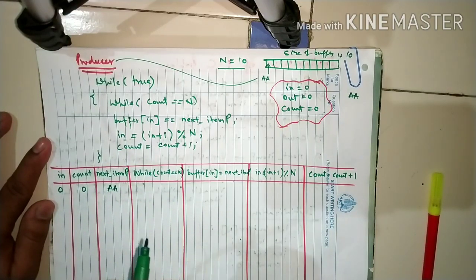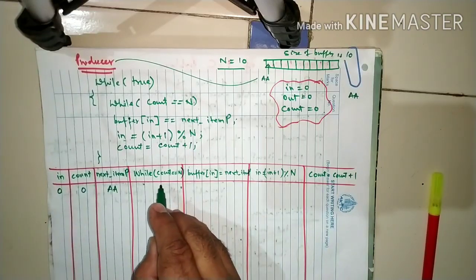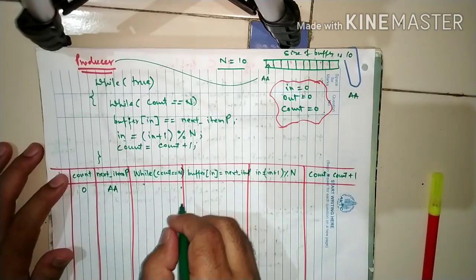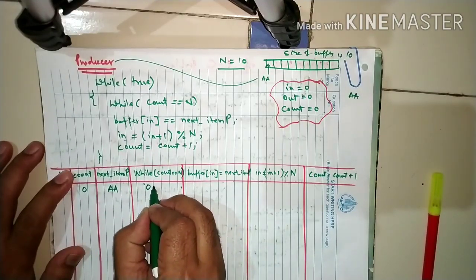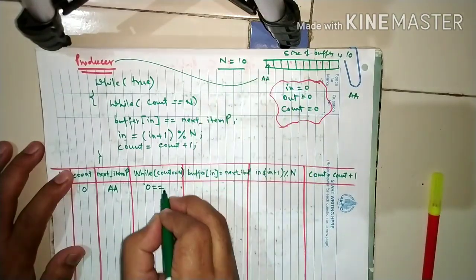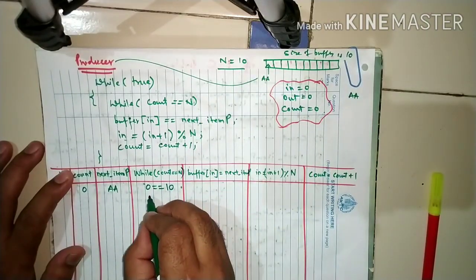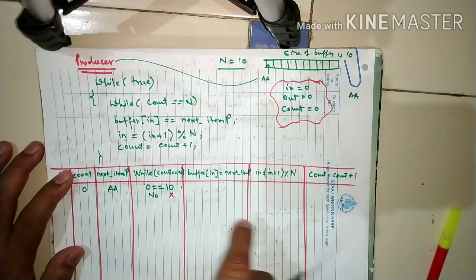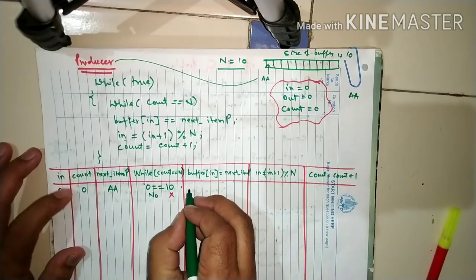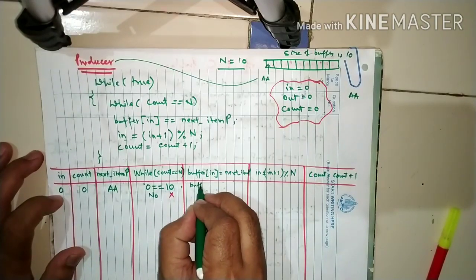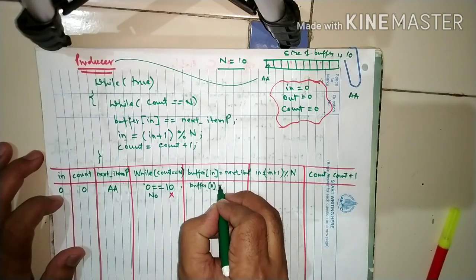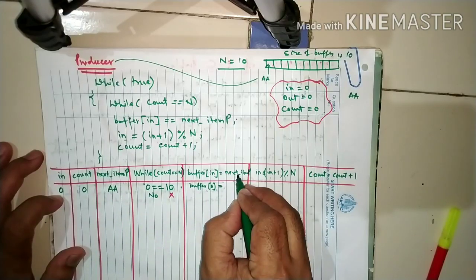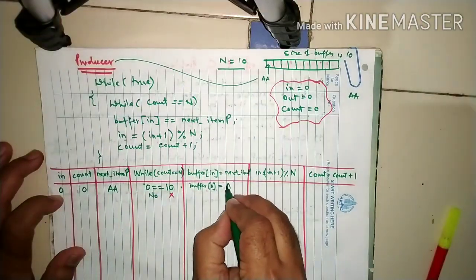Now we'll check the condition. We have count 0, and the size n is 10. So count equal to n, 0 equal to 10, the condition is false. If the condition is false, it will go to the next one, that is buffer of in, which is buffer of 0, equal to next item p, and next item p is aa.